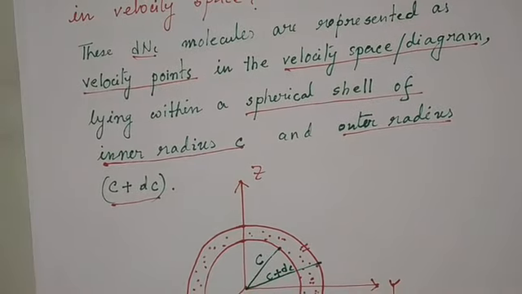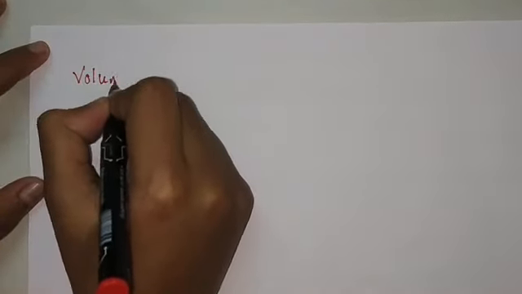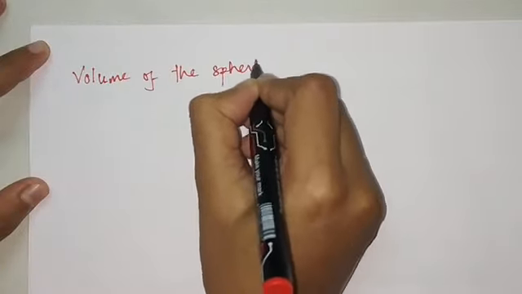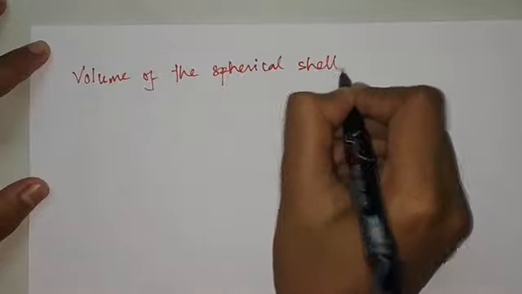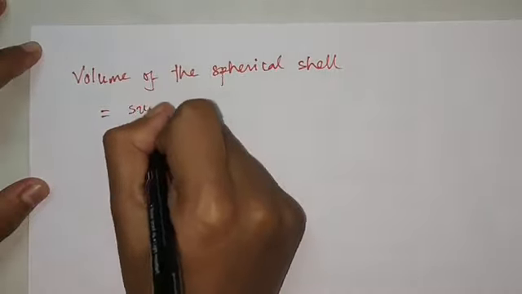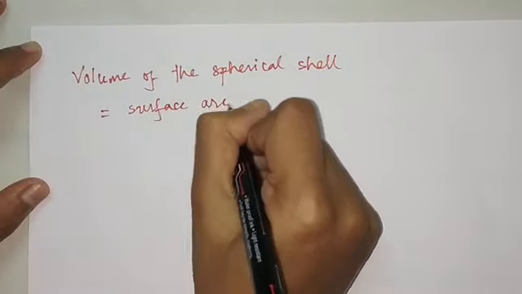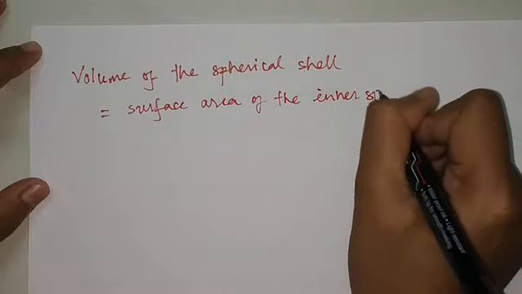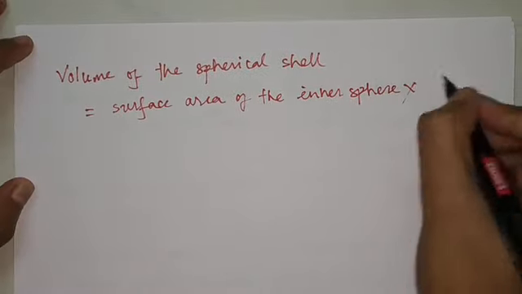Okay, now what is the volume of this spherical shell? It is the surface area of the inner sphere into the thickness.